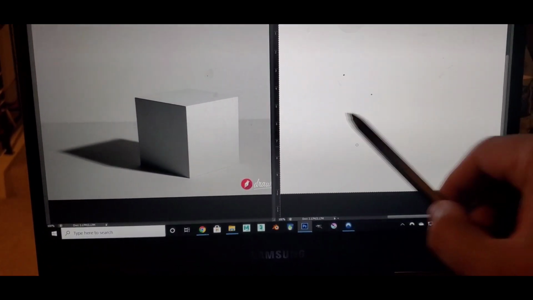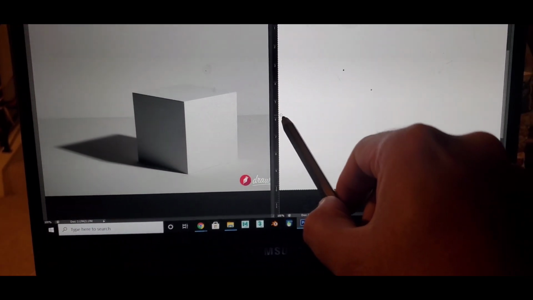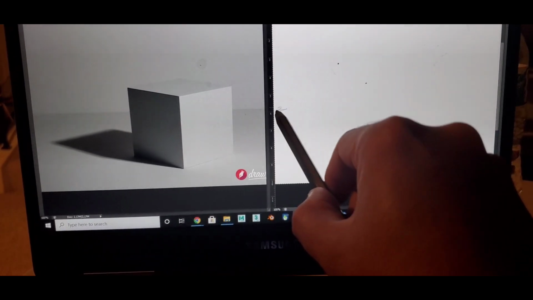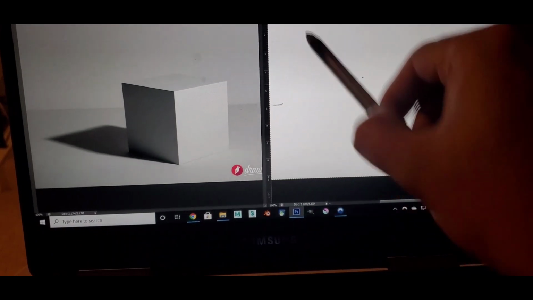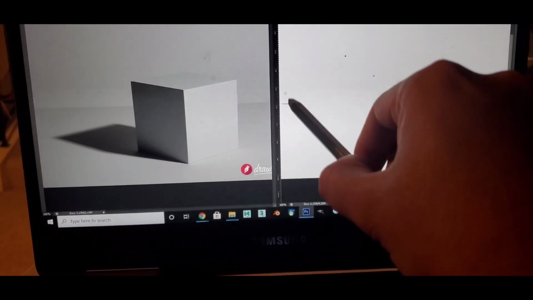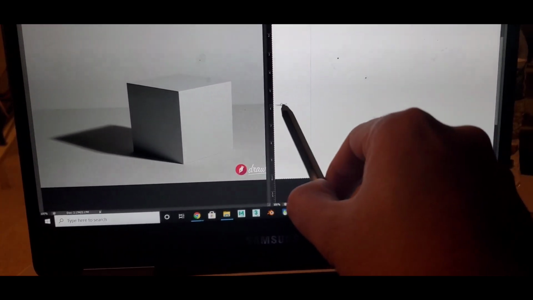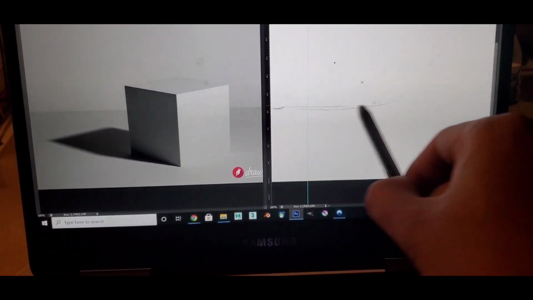Now one of the first things that I will be drawing is marking this line of horizon, like my background, which is slightly below the halfway mark. So I'll be roughly placing this line over here.